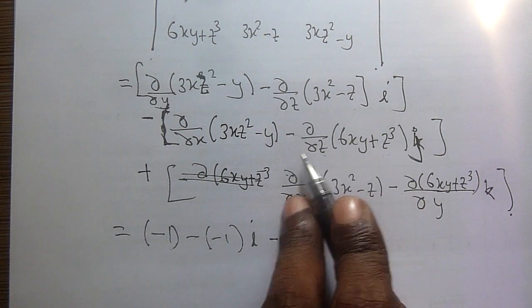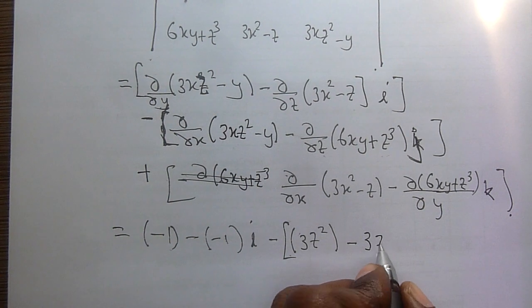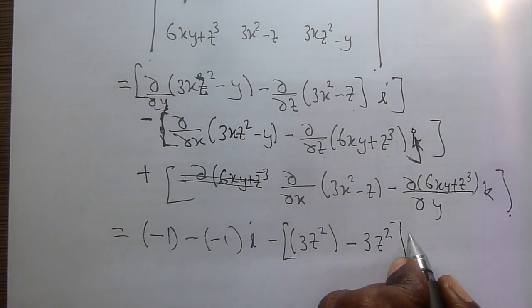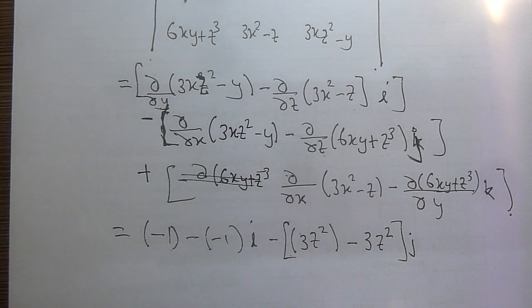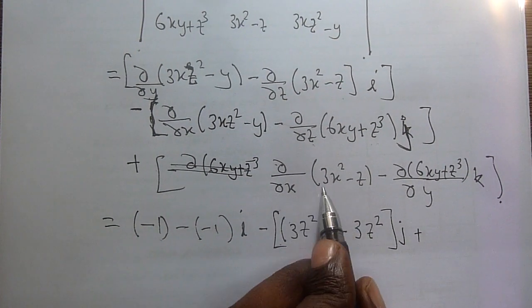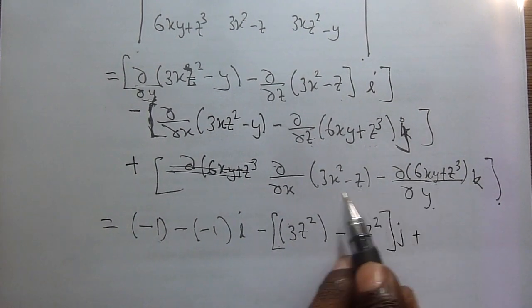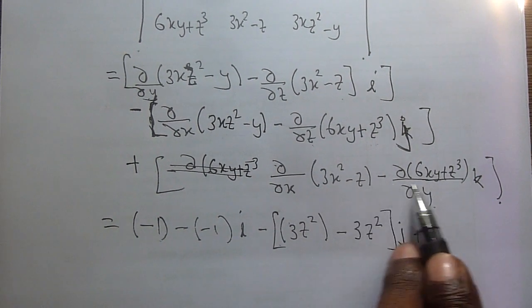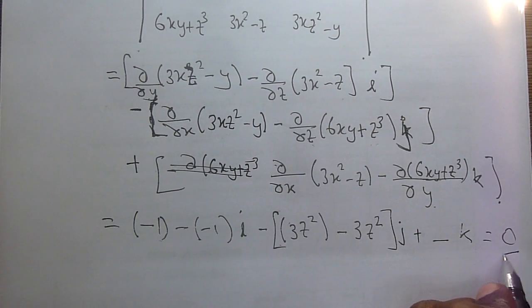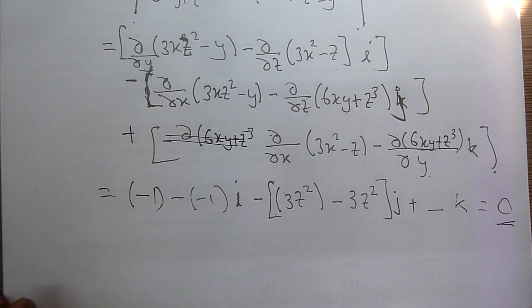This gives -3z^2, which is the j component, and you will get 0. Similarly, try this one: 6x, and over here you get 6x, therefore you get 0 again. For the k also you will get a similar result, therefore you conclude this is 0.